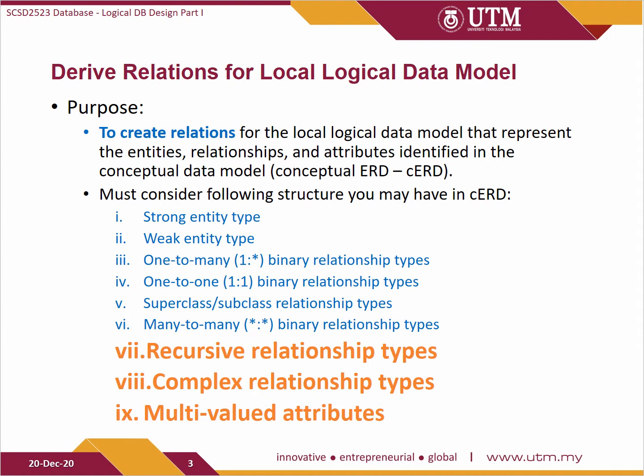As usual, for the logical data model, of course, you will find entities, relationships, and also attributes. For this, I don't have to further explain. So now for today's class, I'm going to touch on recursive relationship types, complex relationship types, and also multi-value attributes.